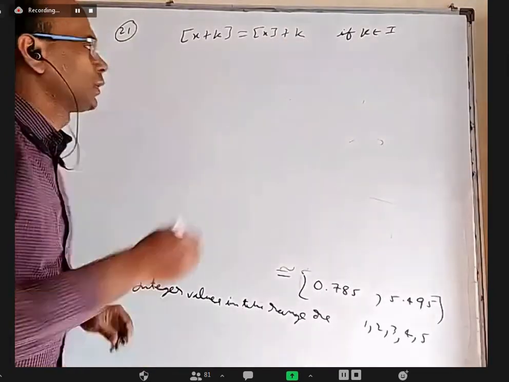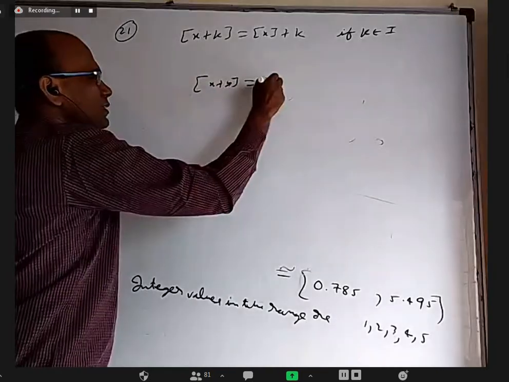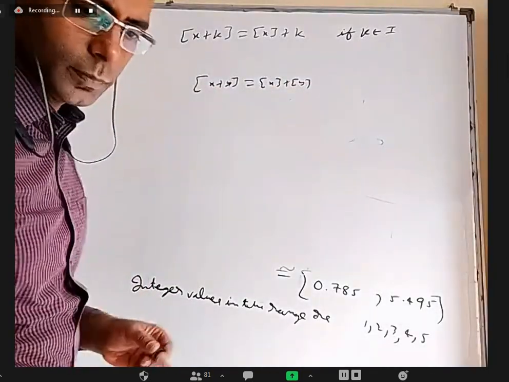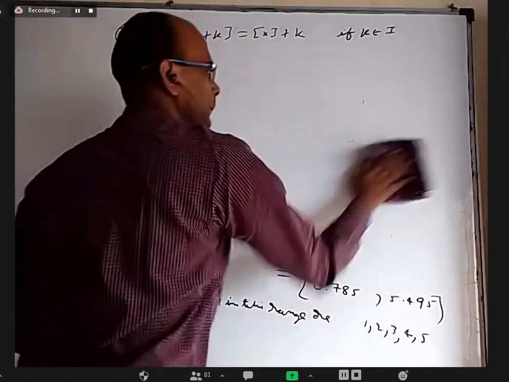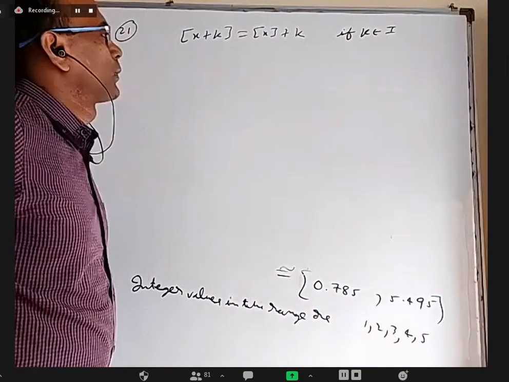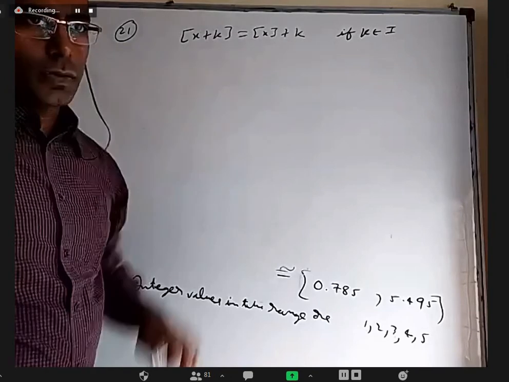In fact, integer part of x plus y need not be integer part of x plus integer part of y. Need not be correct. So as long as k is an integer, we can take it out.